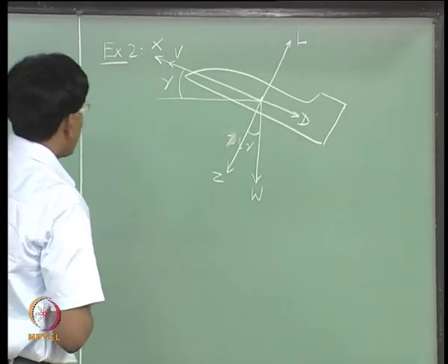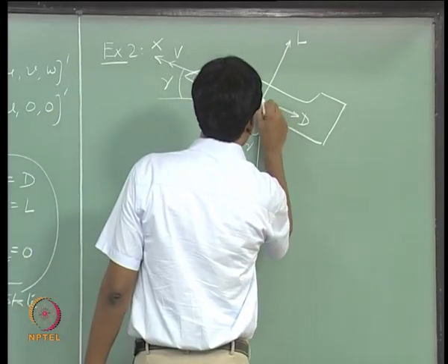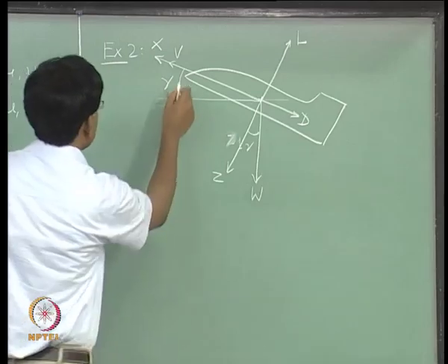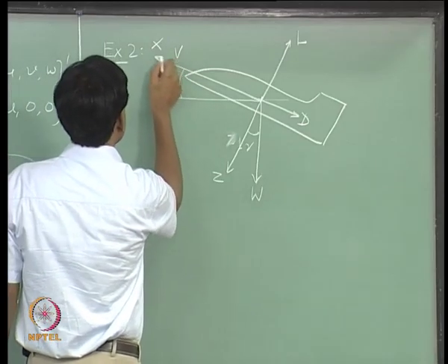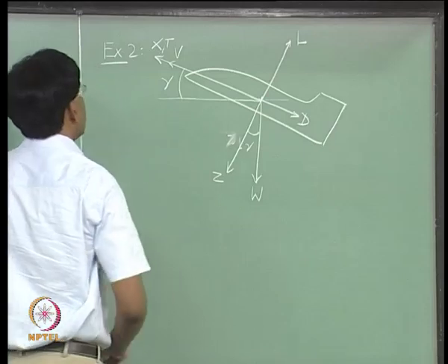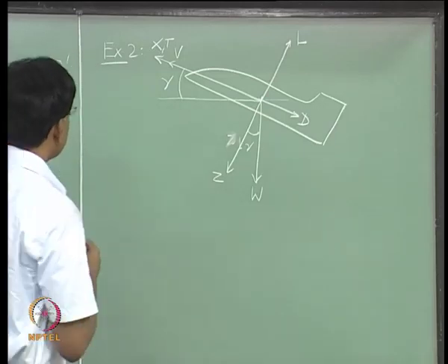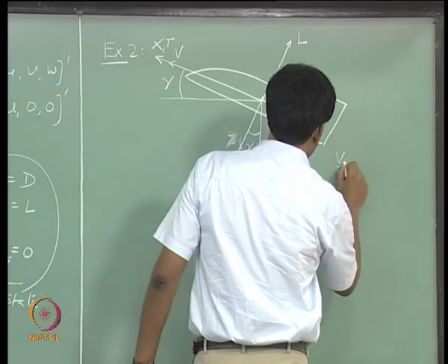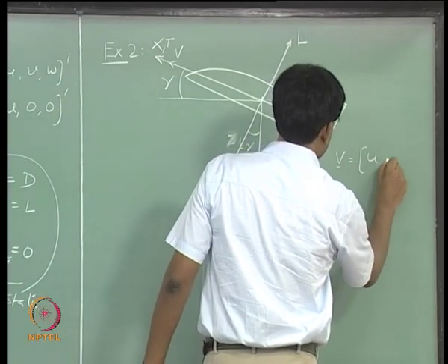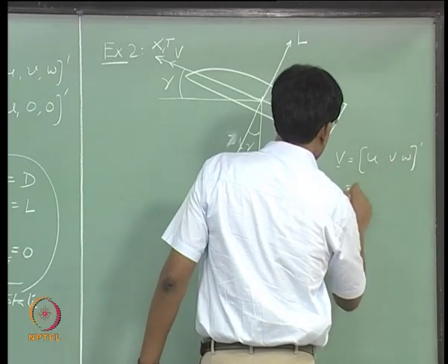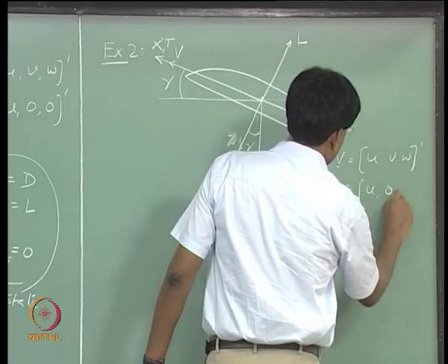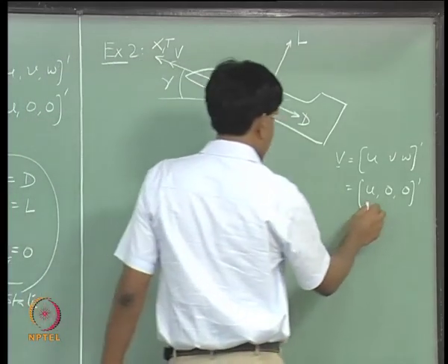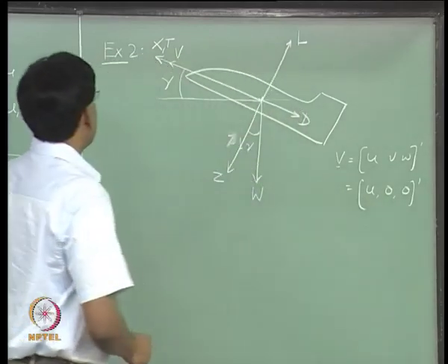Okay. So, let us try to write down the components of forces acting along x and z direction. We will again assume that thrust is acting along the x axis of the aircraft, and V is this velocity vector, which again has only the velocity component in the x direction.